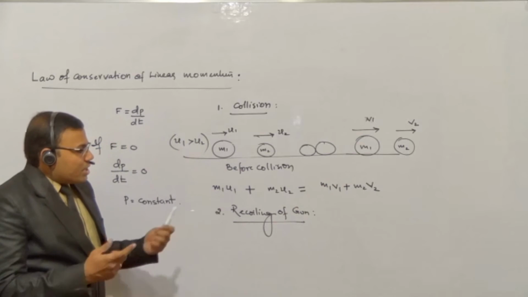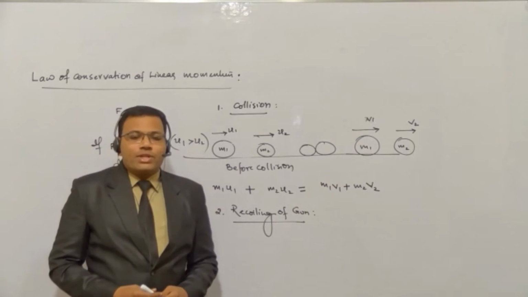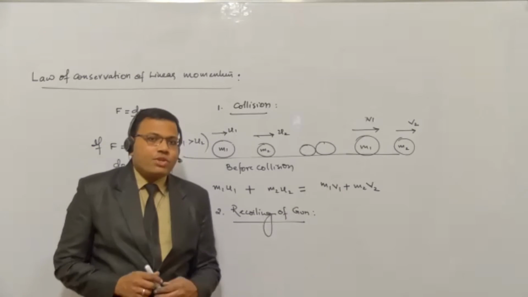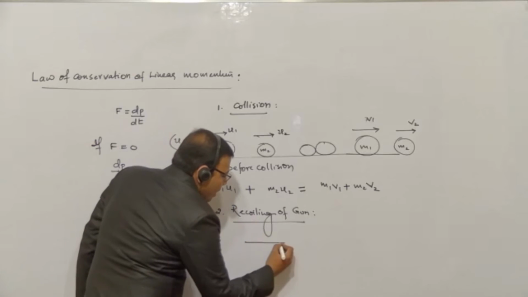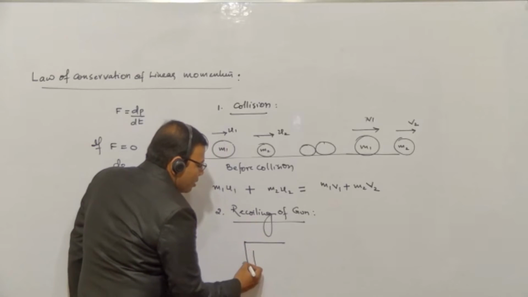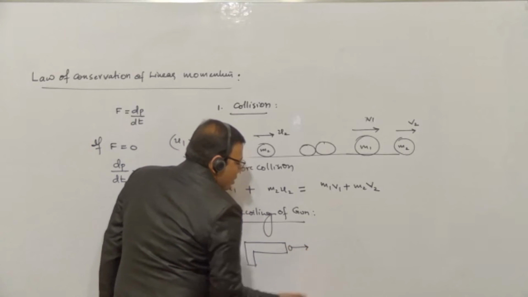Now, how to apply the law of conservation of linear momentum under this situation, let us see. देखिए बेटा यहाँ पे, just imagine the gun, this is the gun and this is the bullet.